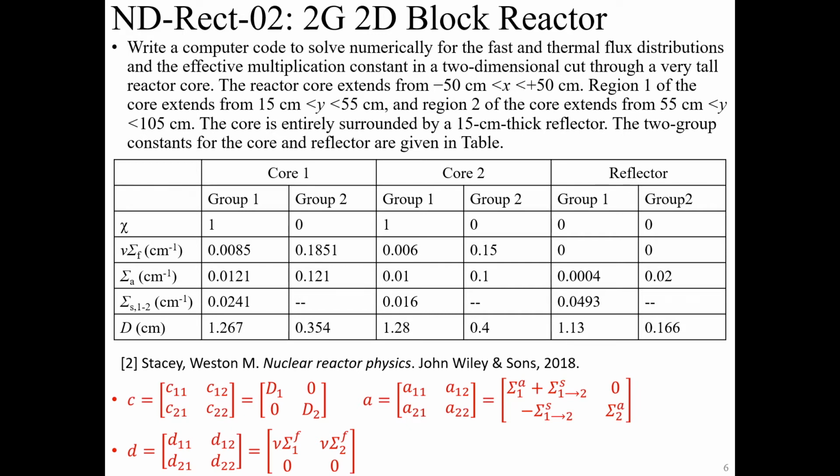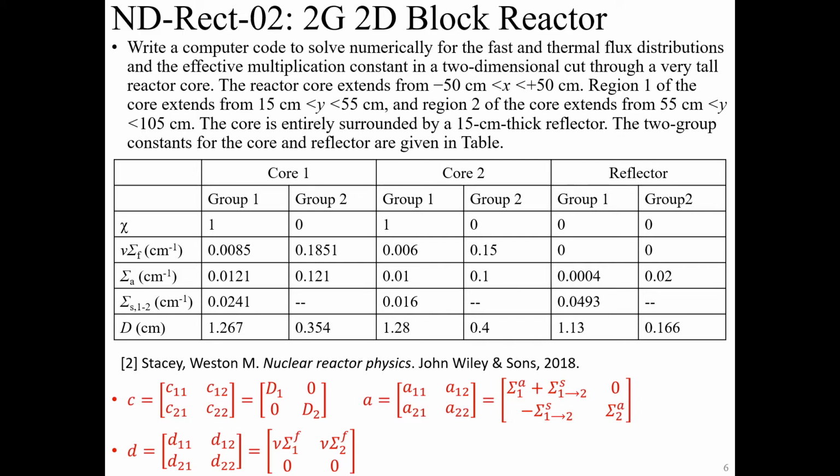The two group constants for the core and reflector are given in this table. So you have 3 regions with 3 different materials: core 1, core 2, and the reflector. It is a two group problem, so you will have the group constants for group 1 and group 2. We have chi as 1 and 0, so this meets our assumption.